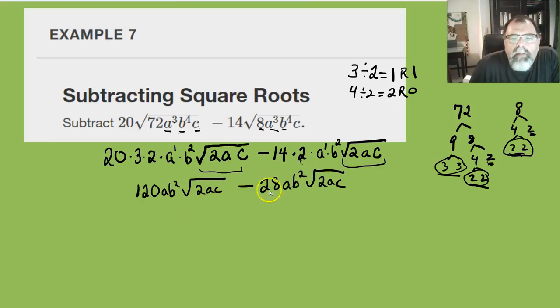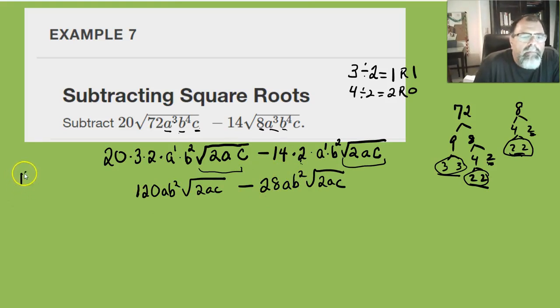And you can see these are like radicals, so I'm going to do 120 ab squared minus 28 ab squared. These have the same variable part, so I can just subtract the numbers.